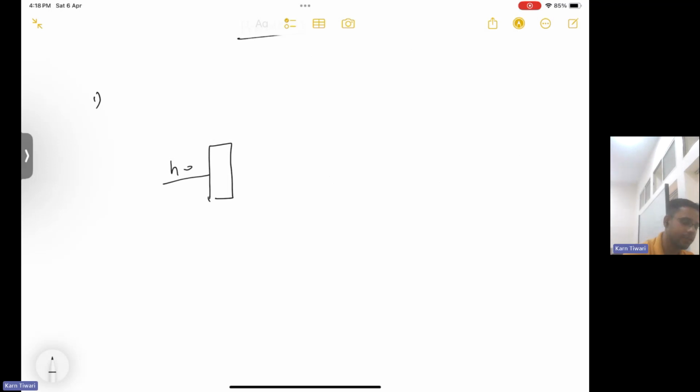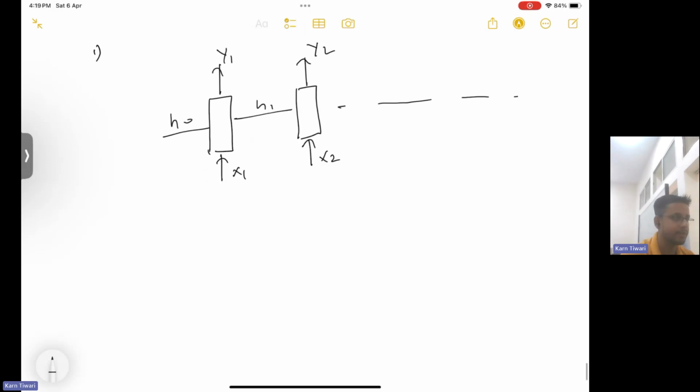This is h_0, the hidden representation. This is X1, which is giving output Y1. And again, it's giving h_1 as the hidden representation. And again, X2 is going to the input and Y2 is giving us the output. So like this, we have this network architecture, and it looks like it has two inputs.